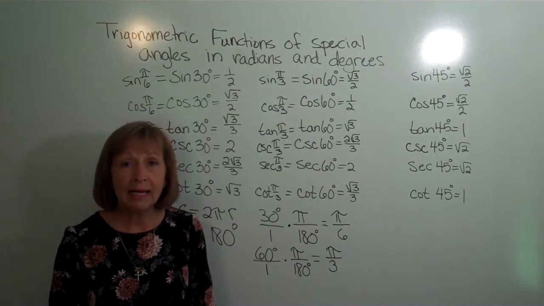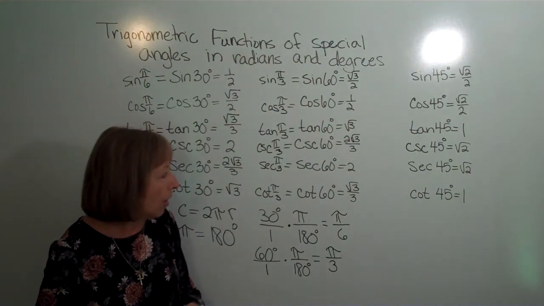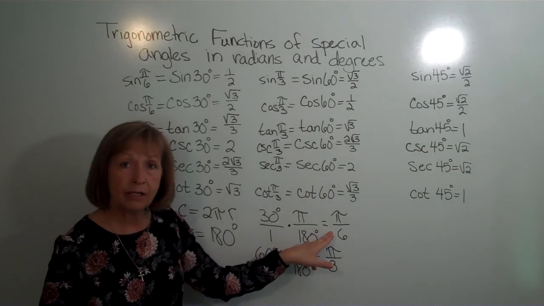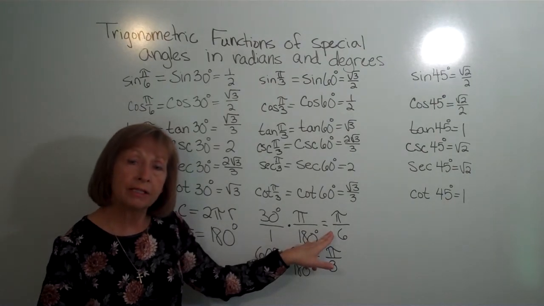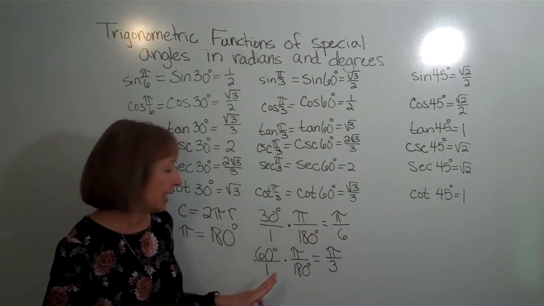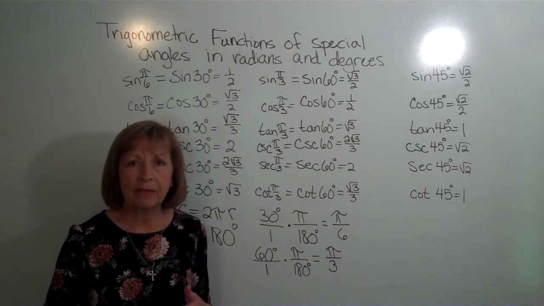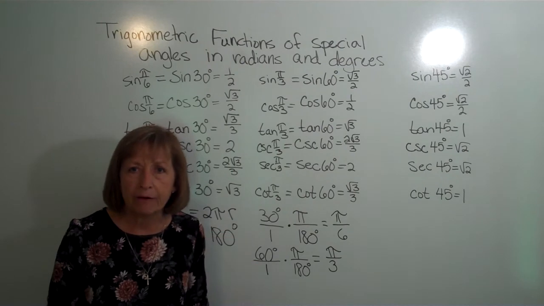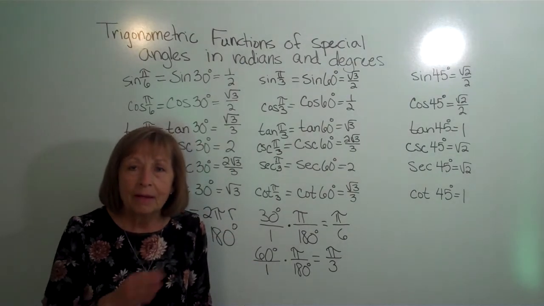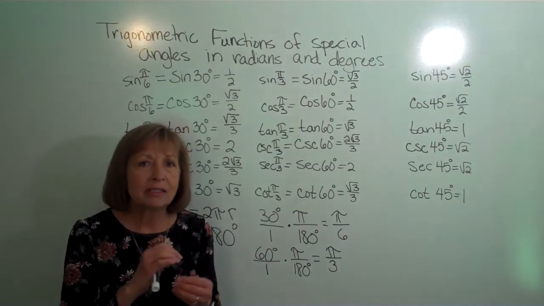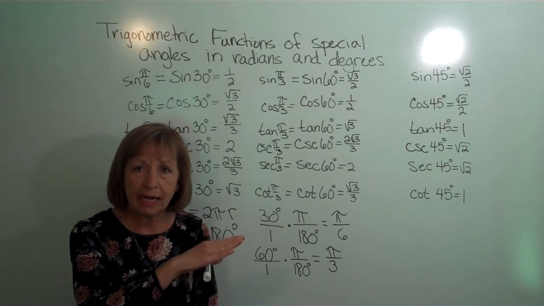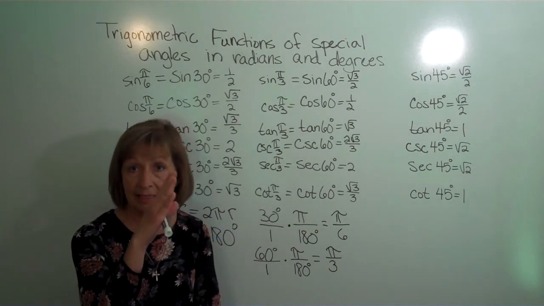Now with the radians, we saw so far that our 30-degree was an equivalent radian measure of pi over 6, and our 60-degree was an equivalent radian measure of pi over 3. So I'm thinking, okay, I'm going to think pi over 6 or pi over 3. But think about just the measurement. A 30-degree angle is smaller than a 60-degree angle.